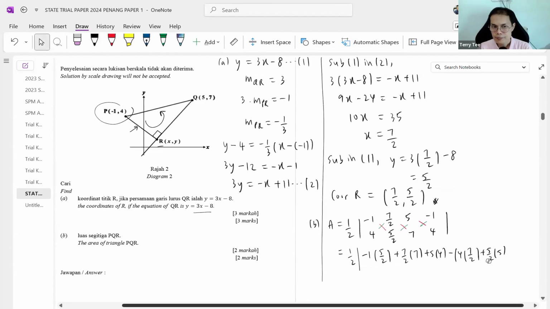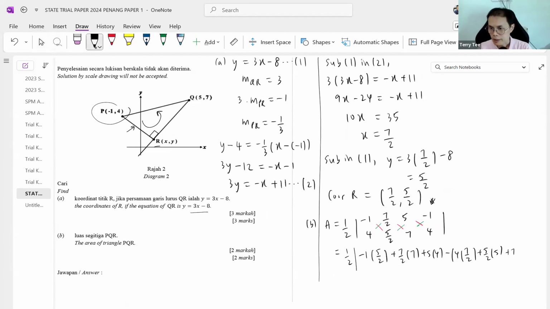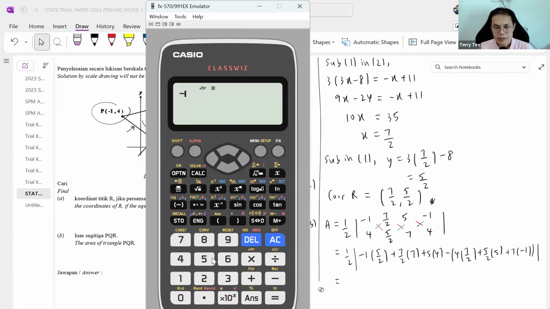Followed by 7 multiplied with -1, so that we can count using our calculator. Let me show you here. -1 times 5/2 is -5/2. Then you add 7 times 7, 49/2, followed by 5 times 4, which is 20.